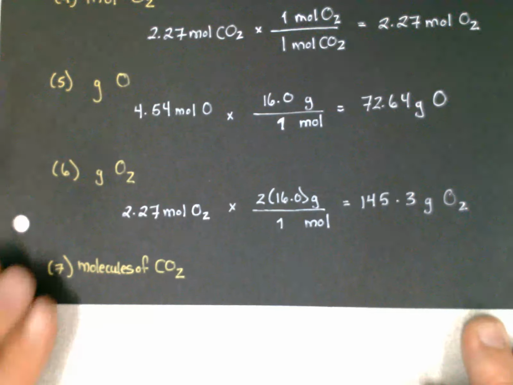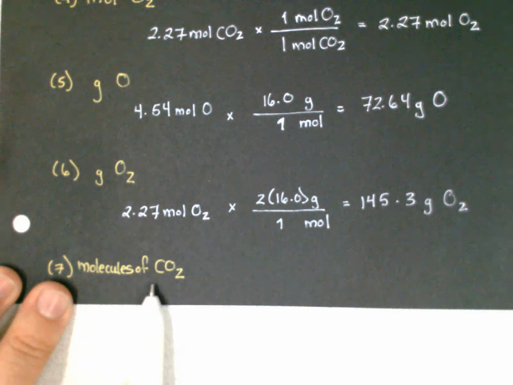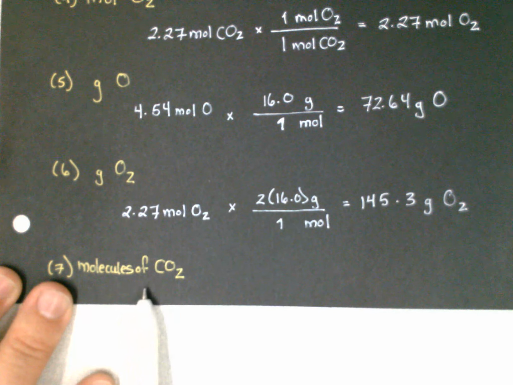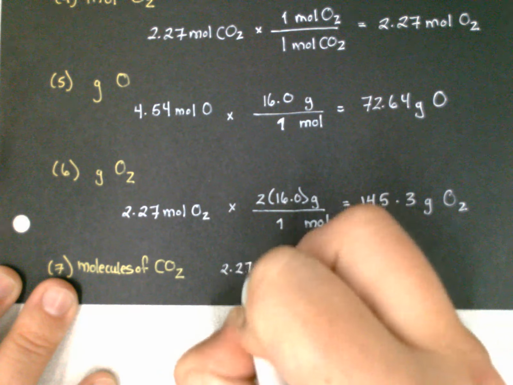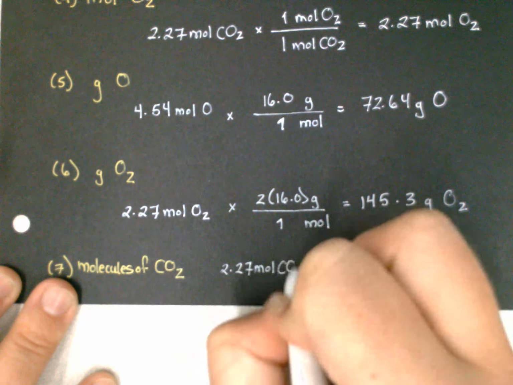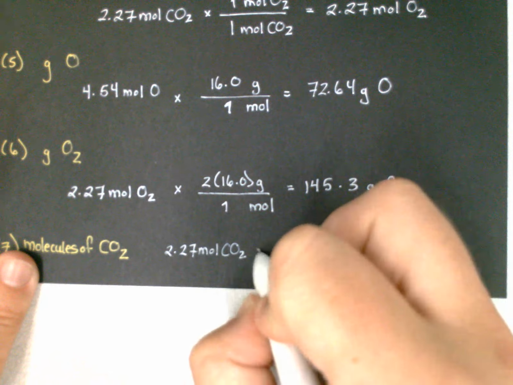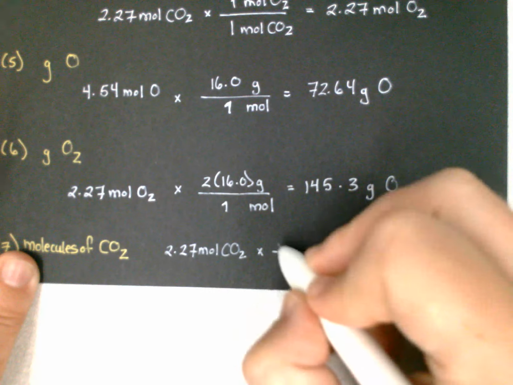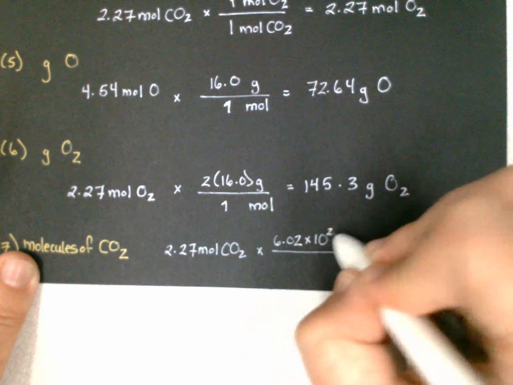All right. The last one is to find molecules of CO2. This one's a little different. Instead of using molecular weight, what we're actually doing here is looking at Avogadro's number. We know that we have 2.27 moles of CO2, and we know that Avogadro's number is 6.02 times 10 to the 23rd.